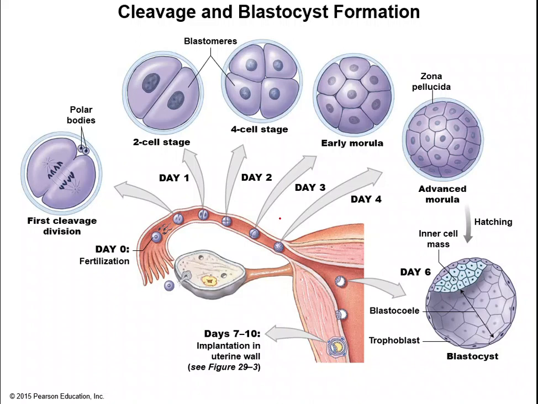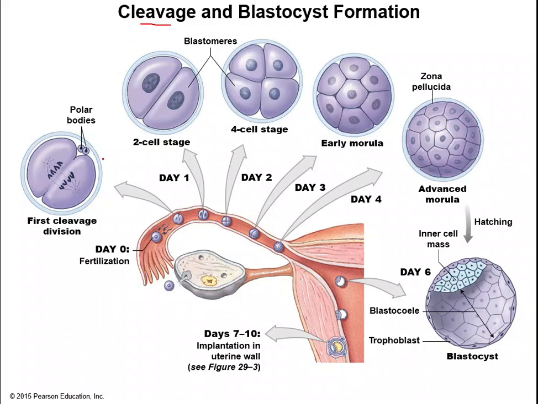Now we're going to focus on the events that occur during the first 8 weeks after fertilization. The fertilized egg, now known as the zygote, will undergo a process called cleavage. Cleavage is a sequence of rapid mitotic divisions.